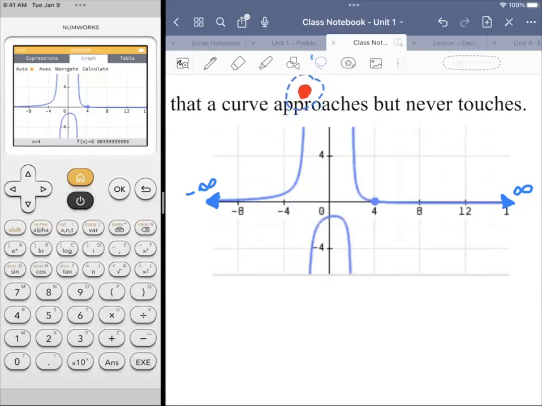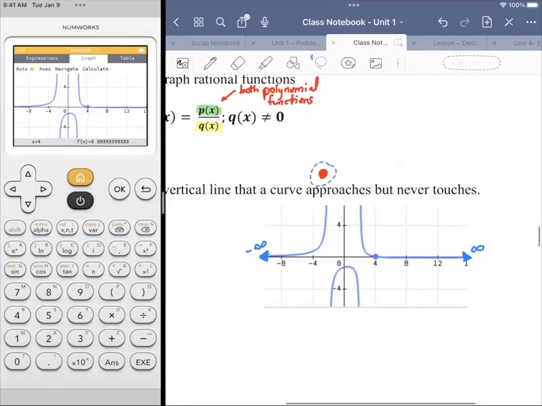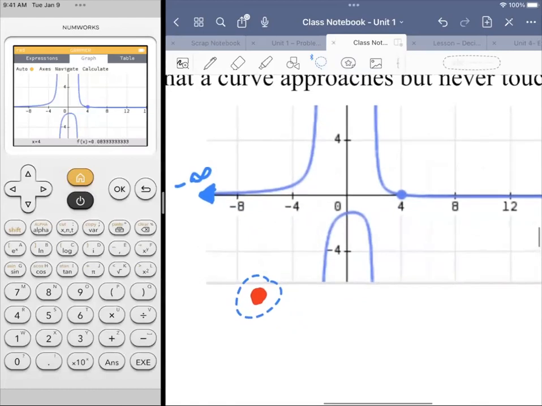So if this is increasing infinitely, then how do we ever get to a different part of the graph? I lost my point. So what's happening is this part of the curve over here is approaching a vertical line. All right. Which I'm going to make dashed.